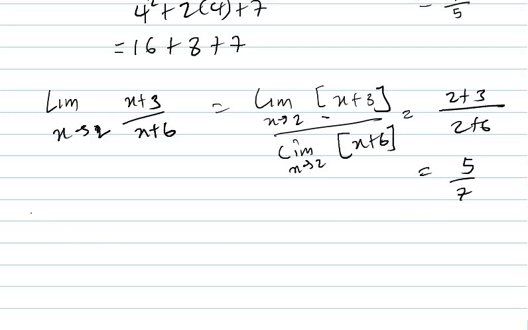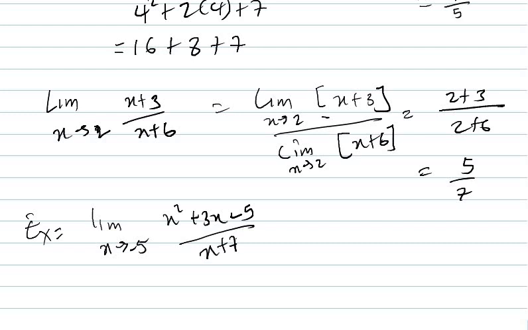So another question is the limit as x approaches negative 5 of (x squared + 3x - 5) over (x + 7).